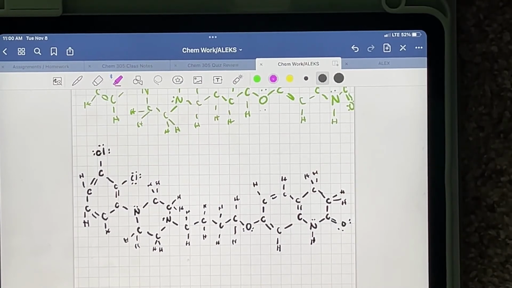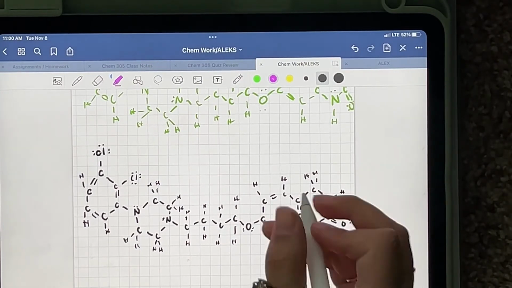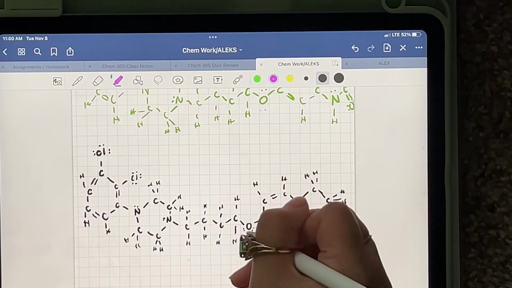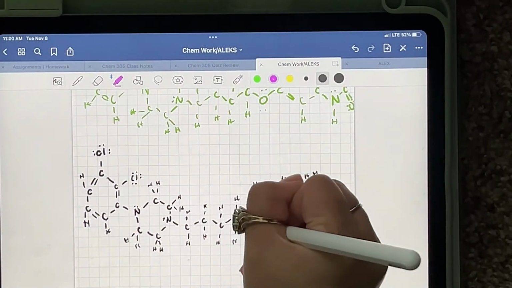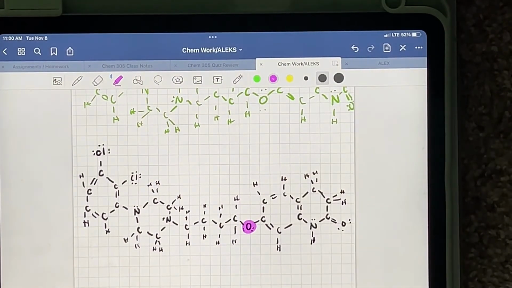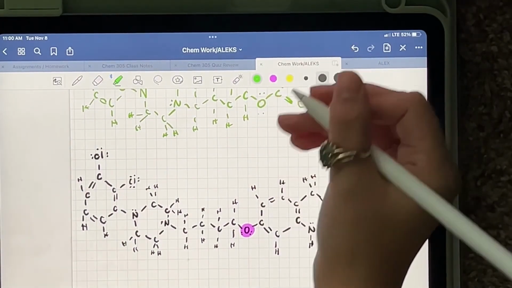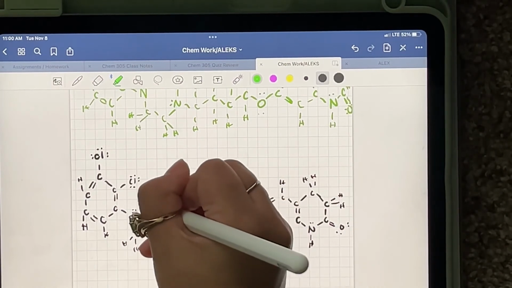So I'll start with the bent structures that are 109 degrees. So right here, that's oxygen. We have 2 lone pairs, and then we see that it's connected to 2 atoms. So that'd be bent, and that's the only one that's bent. So then going to tetrahedral, it would be this carbon right here.